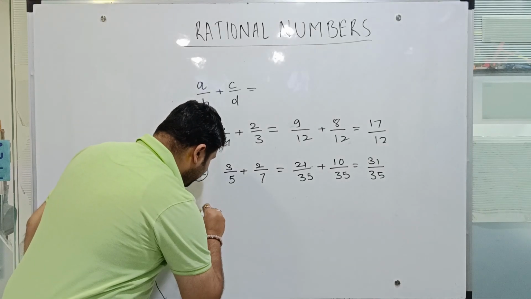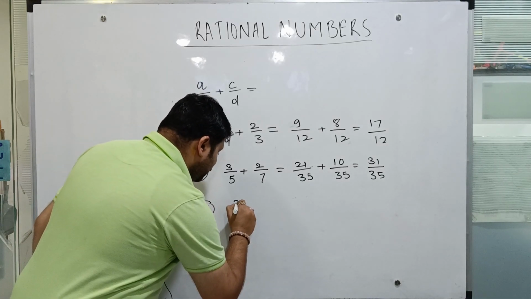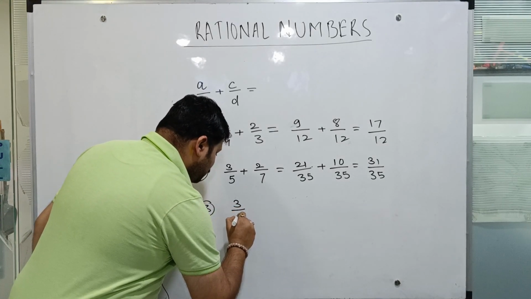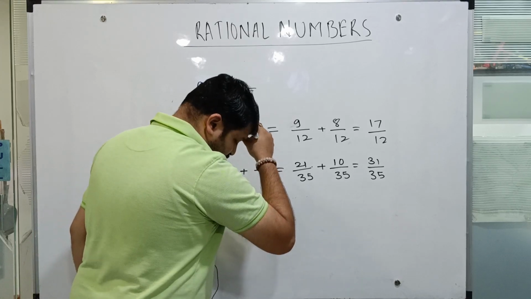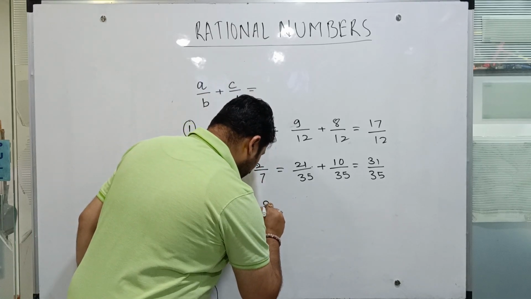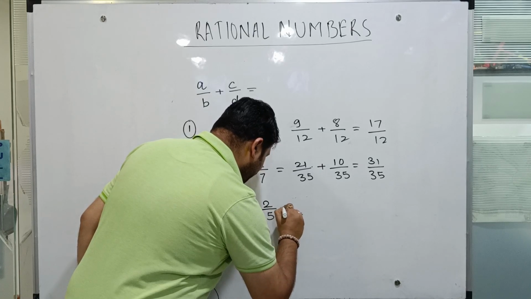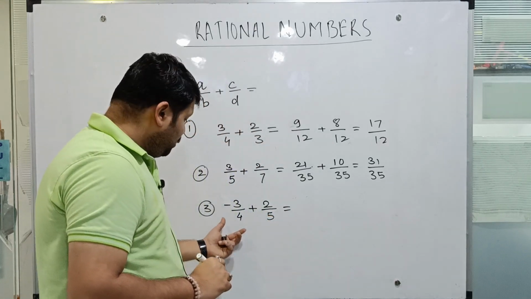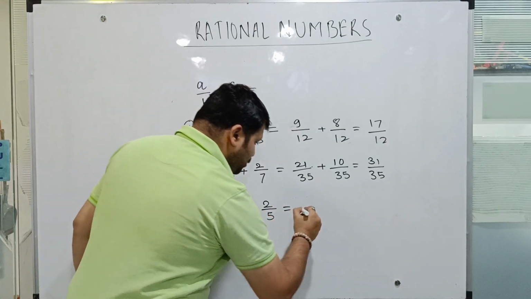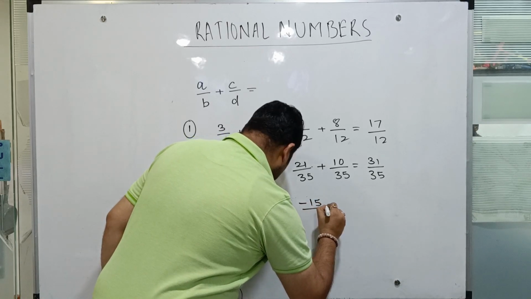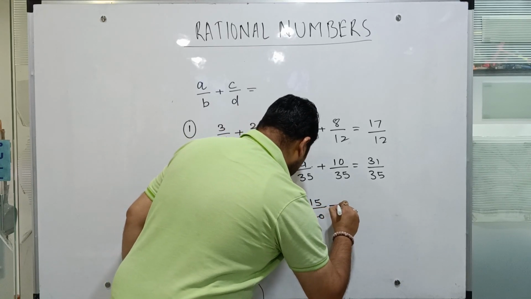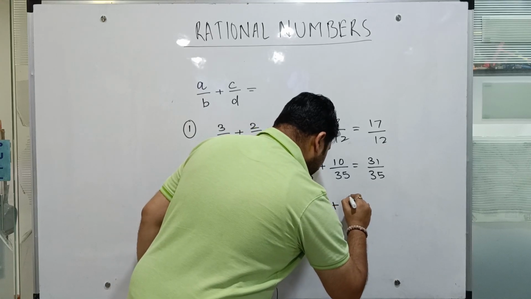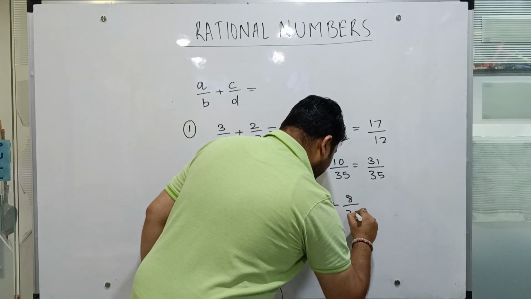So say if I have minus 3 upon 4 plus 2 upon 5, then I can write it as minus 15 upon 20 plus 8 upon 20.